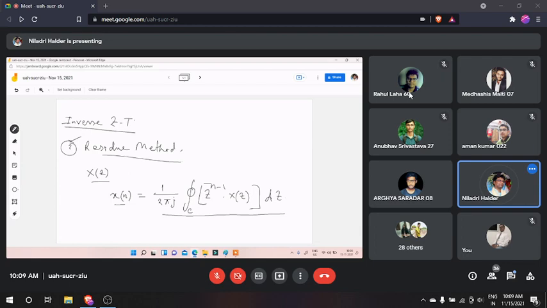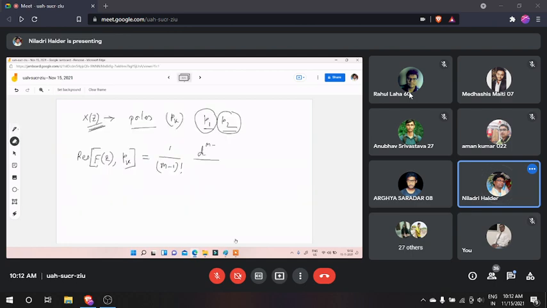So the residue of that F(z) with respect to different poles, that is, for k equal to 1 p1, for k equal to 2 p2, like that, the formula will be given as 1 by (m minus 1) factorial, d to the power m minus 1 by dz to the power m minus 1, of (z minus pk) to the power m multiplied by F(z), where the value of z is given as pk.